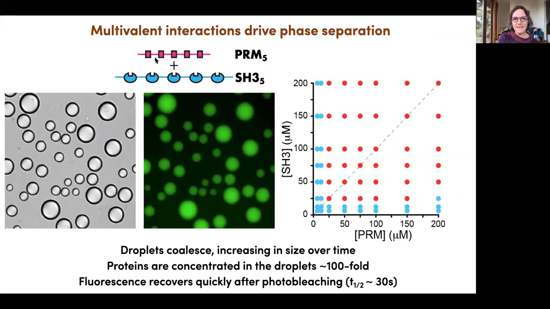And as you increase the valency, in other words, as you chain together more of these binding domains in one molecule, they will undergo phase separation at lower concentration. At the point where you have 4 to 6 copies of each of these binding domains, these proteins will phase separate at concentrations very similar to the concentration they're at in the cell.